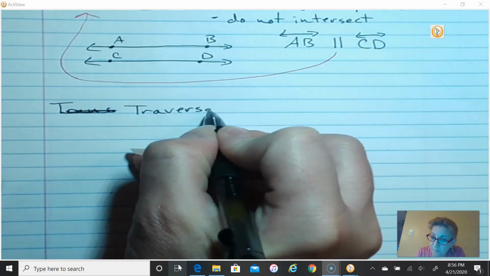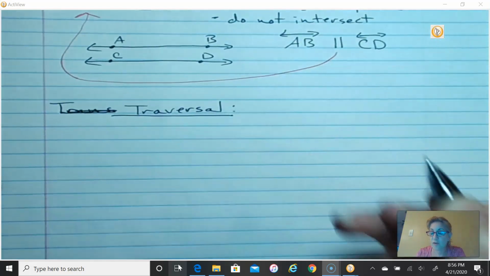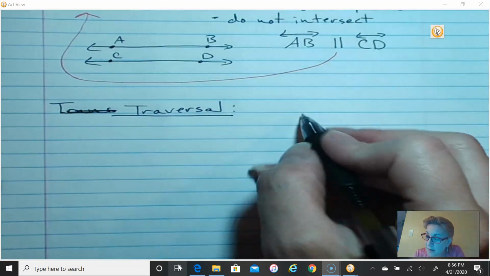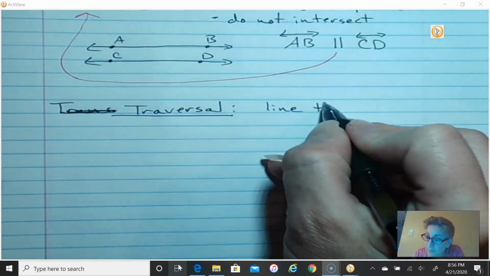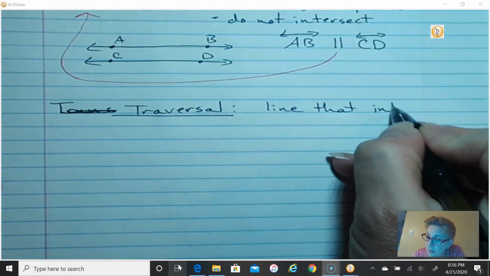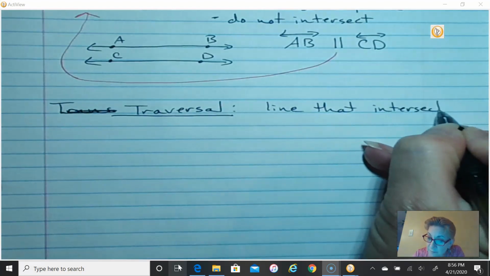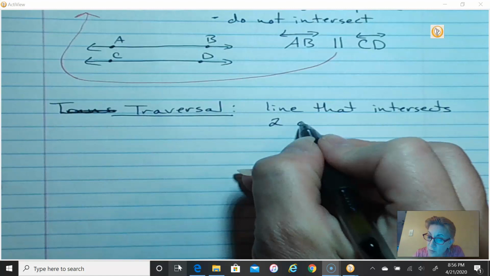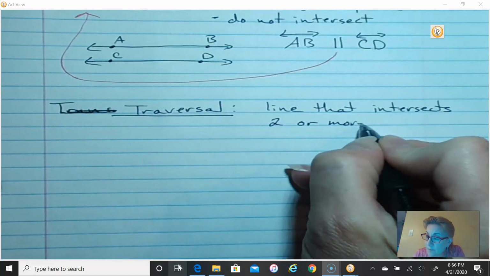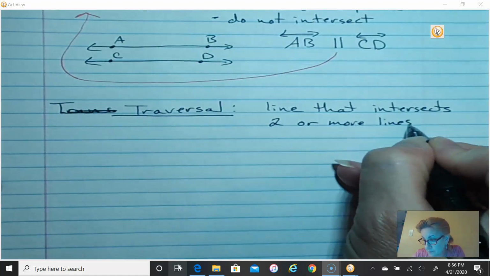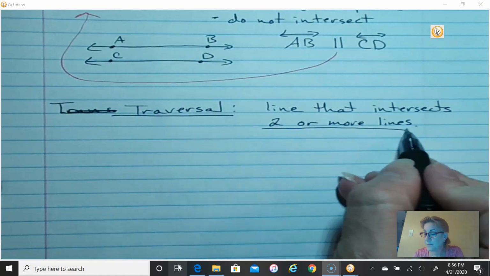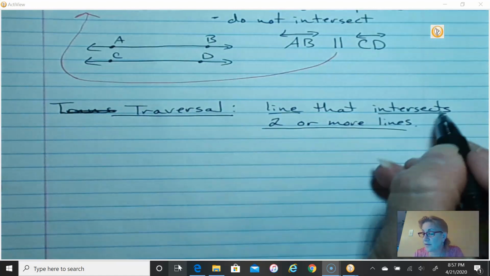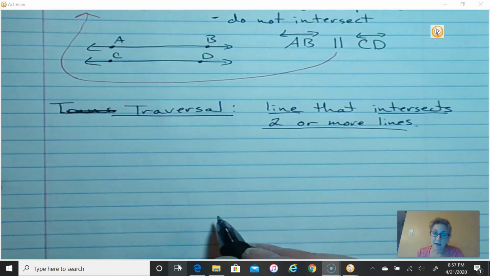Transversal. It is a line that intersects 2 or more lines. It's one line that intersects 2 or more lines.